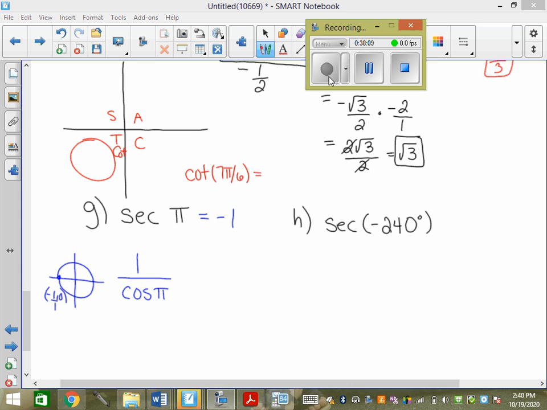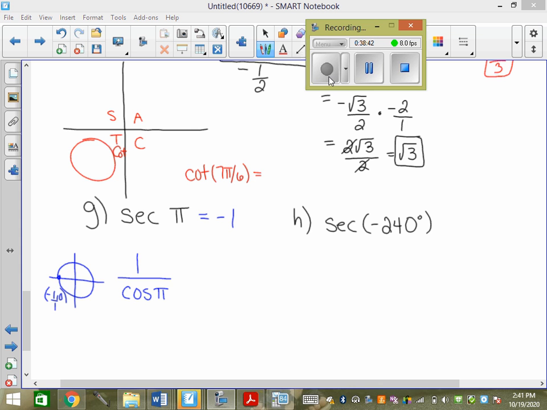Okay, negative 240 is not on that unit circle directly. Correct? So I can either draw negative 240 and see where I land, or I can find its coterminal, which is why we taught coterminals in the very first lesson. So how do I do coterminals? I can either add 360 for life till I get something I want, or subtract 360 for life, because that terminating arm will terminate on the same spot, right?